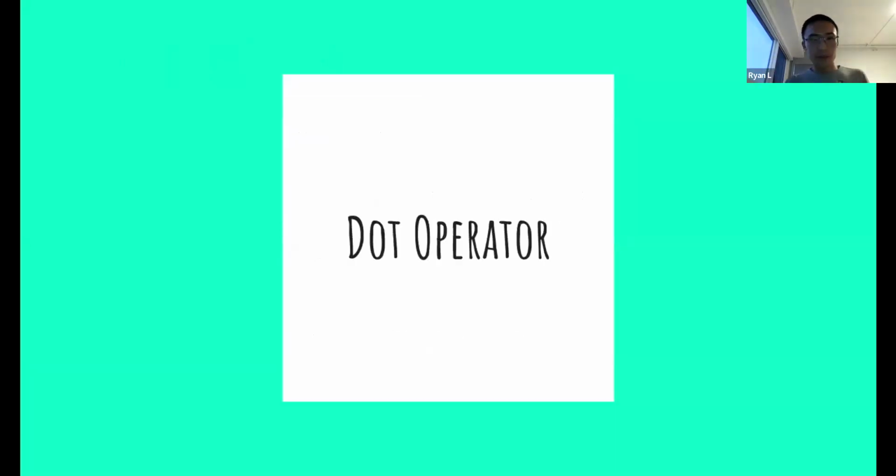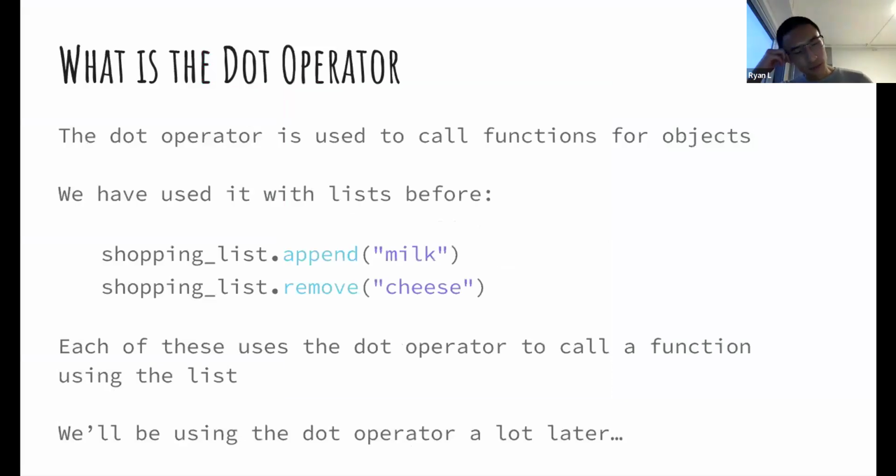So next up, we have the dot operator, which you may or may not have seen, depending on whether you've done Python outside of the Scholastic Ignite sessions. I will be going through this pretty quickly because you get it once you start using it. Most things in Python are objects. For example, a shopping list is an object.